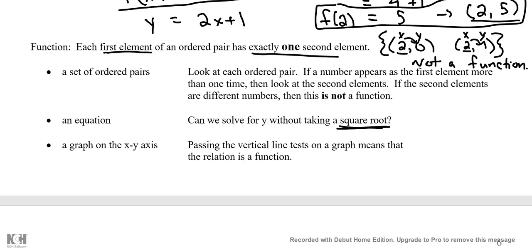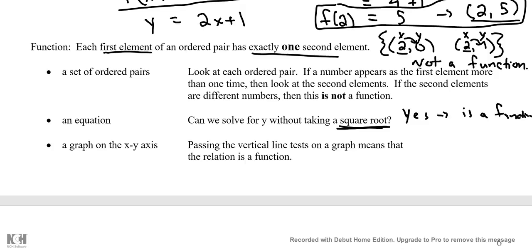So if we can solve for y without taking a square root, if the answer to that is yes, then it is a function. Otherwise, it's not a function.